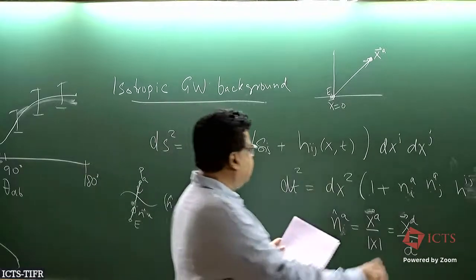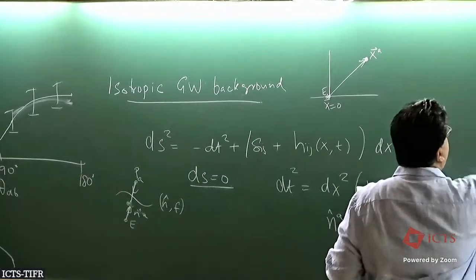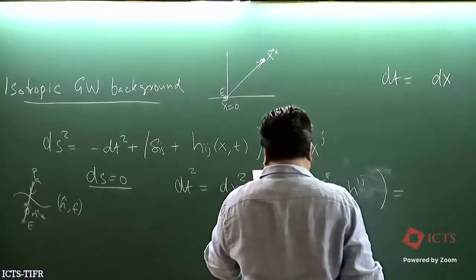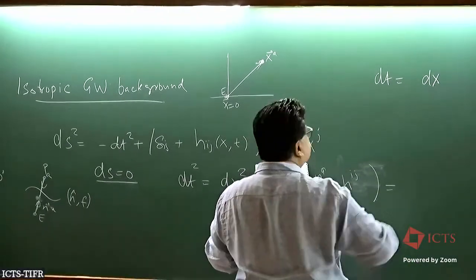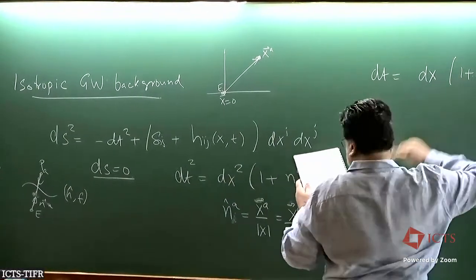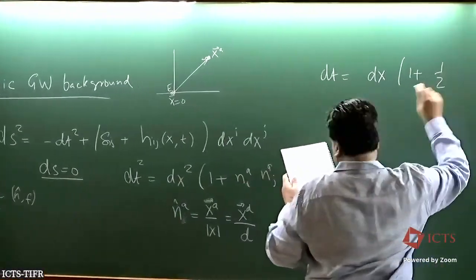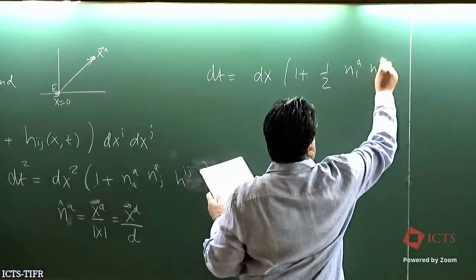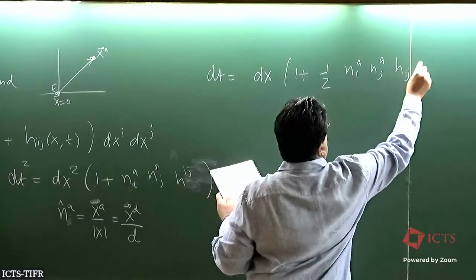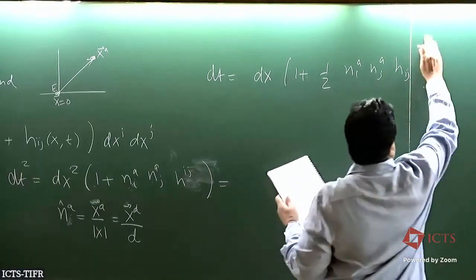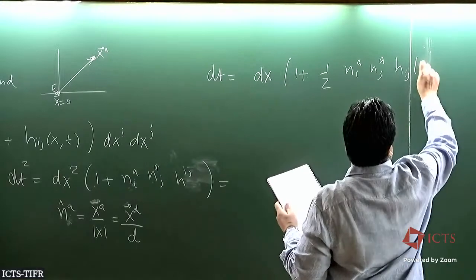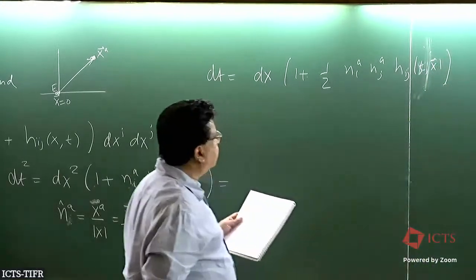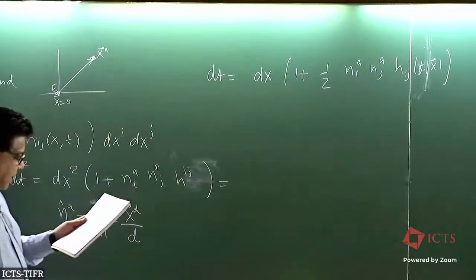Okay, so this basically tells you that dt is dx. Now let's put this as a function of t and x, and we integrate both sides.